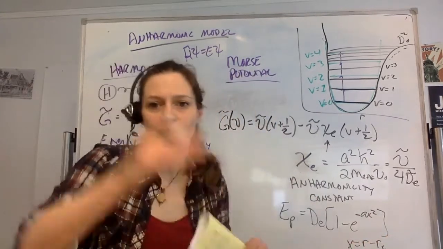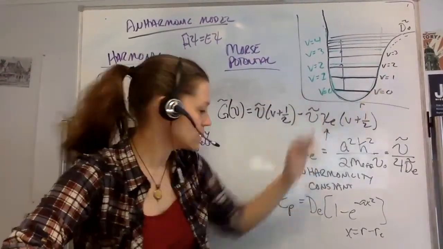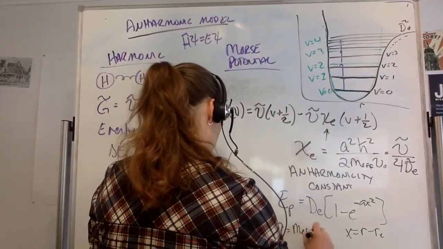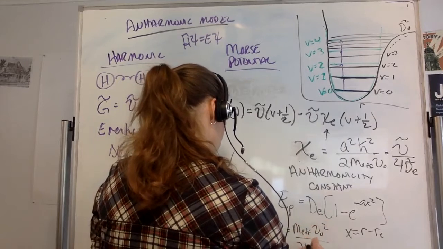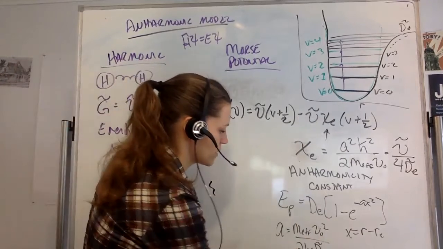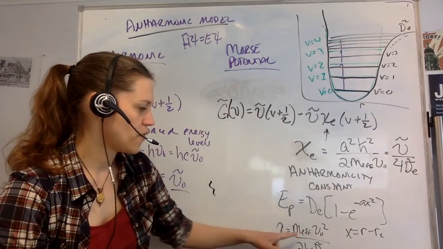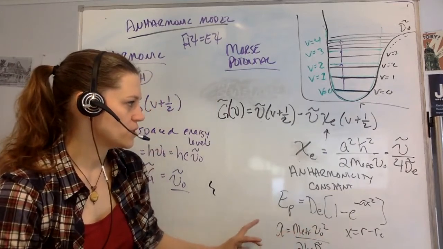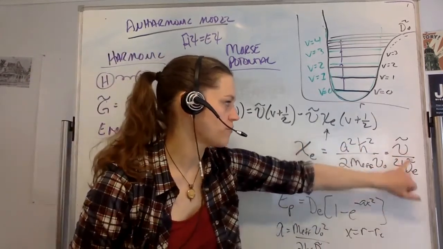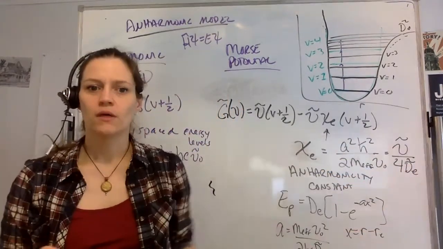So x is going to be the displacement of r from your equilibrium distance. And then a equals the effective mass ν0 squared over 2hc dE. So it's taking into account the dissociation energy, the frequency, and then the effective mass. If you plug this in, this then reduces down to ν over 4 dE.